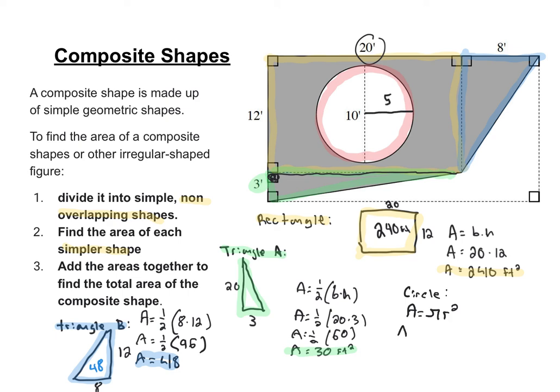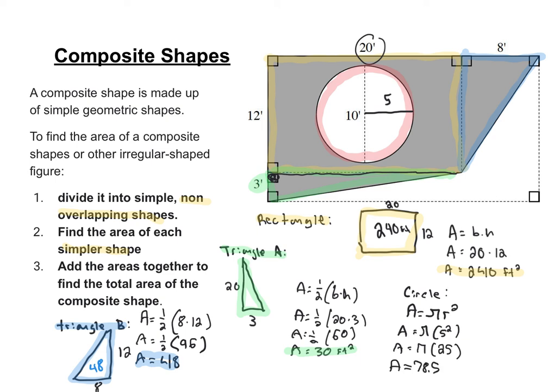So we're going to do area is equal to pi 5 squared. Area is equal to pi times 25. So our area here is approximately 78.5.